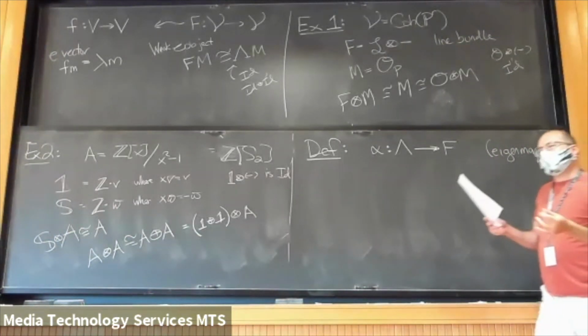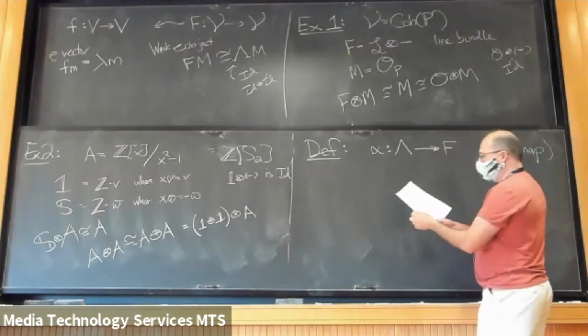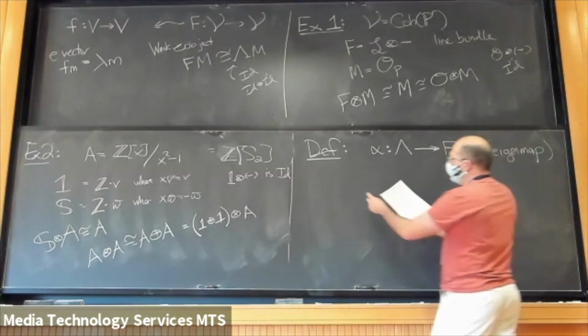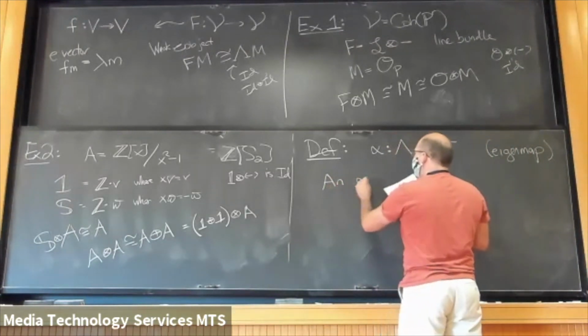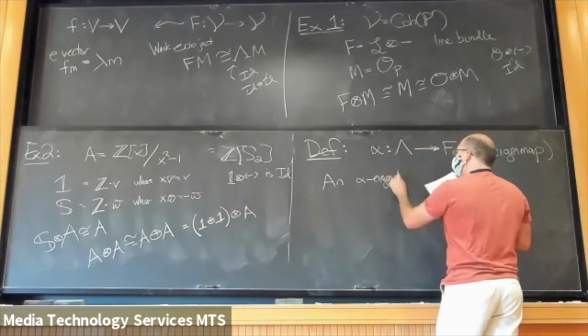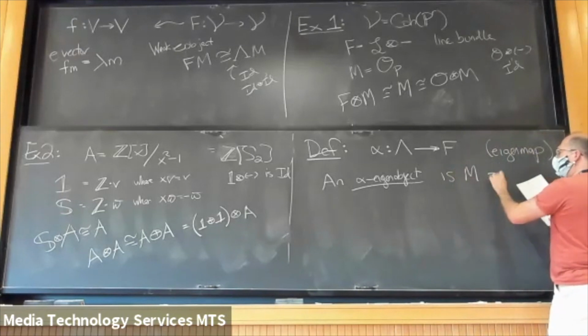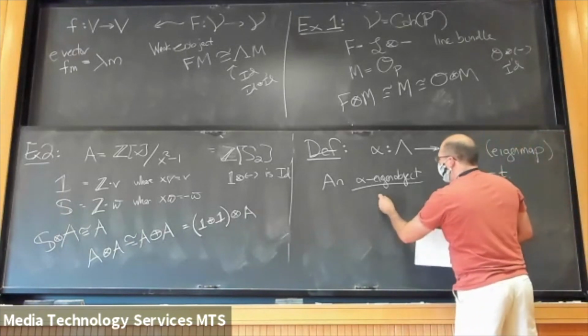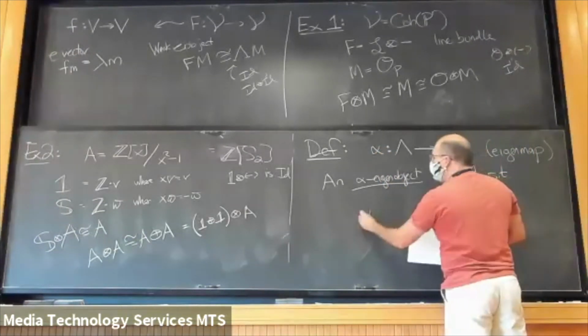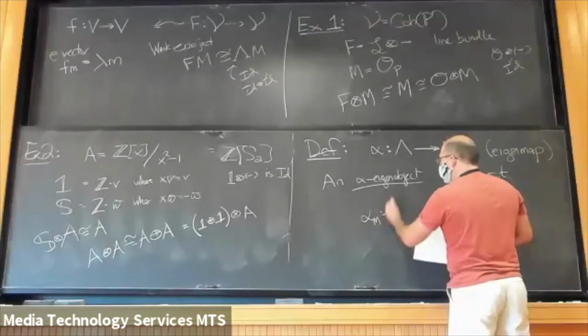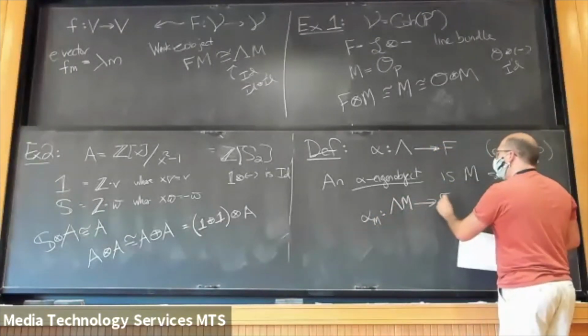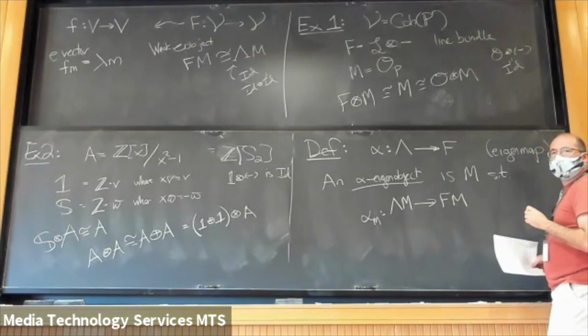Some sort of natural transformation of functors or something like that. And an alpha eigenobject is an object M such that when I apply it, a natural transformation is, for each object, a map like so.